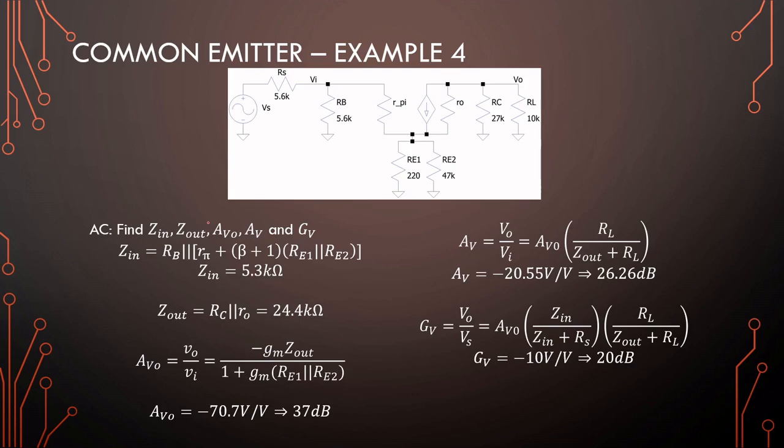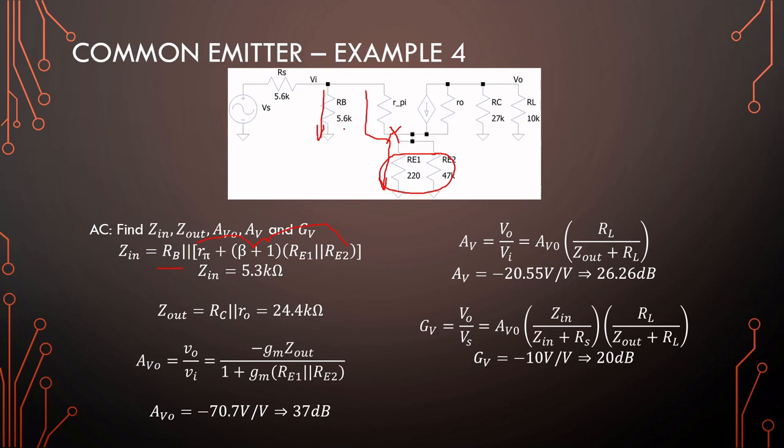In this case, we only have one base resistor looking in, but we still have a series combination, and in the series combination there is a parallel combination. So we will take these two resistors in parallel, multiply it by beta plus 1 since it's across this point, and add R pi. And then all of this is in parallel with RB.